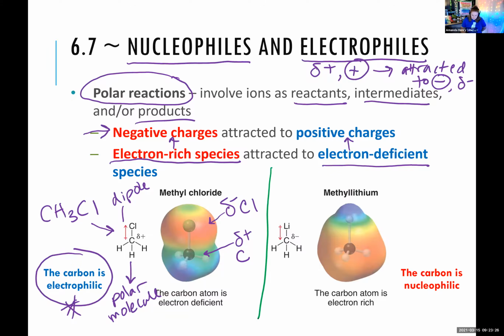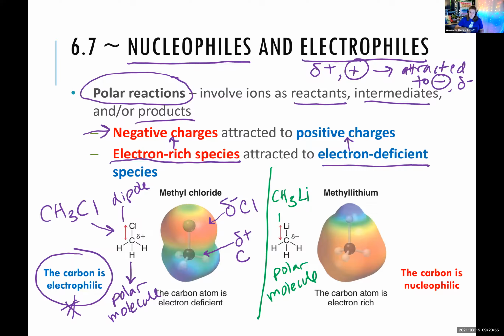On the other half over here, we have a carbon that's bonded to 3 hydrogens and a lithium. Lithium is going to be less electronegative than carbon, which makes our carbon the partially negative atom in this structure. So this is still going to be a polar molecule. It still has a dipole moment, but notice the direction that that dipole moment is drawn.